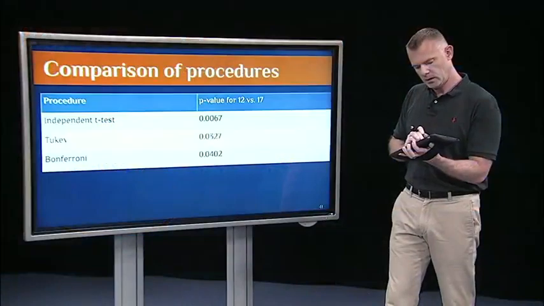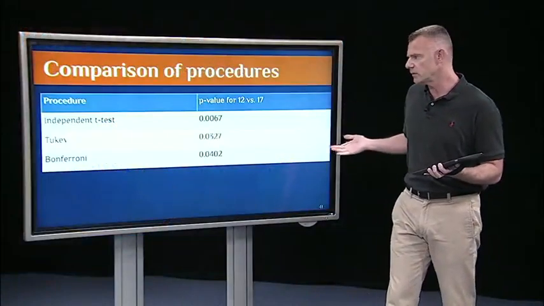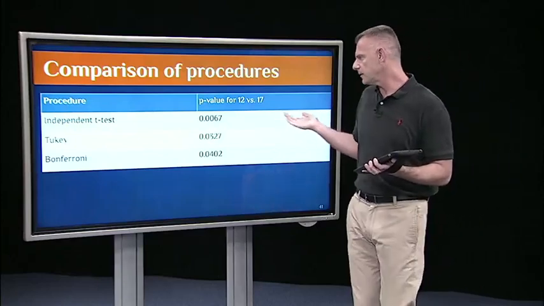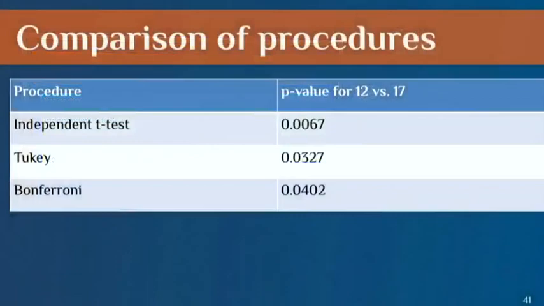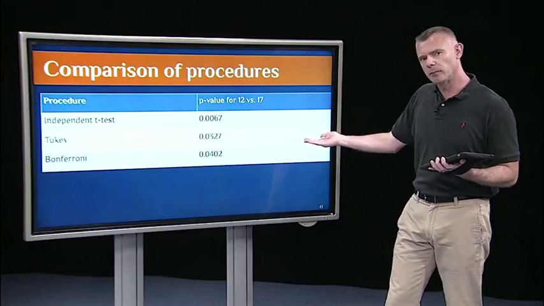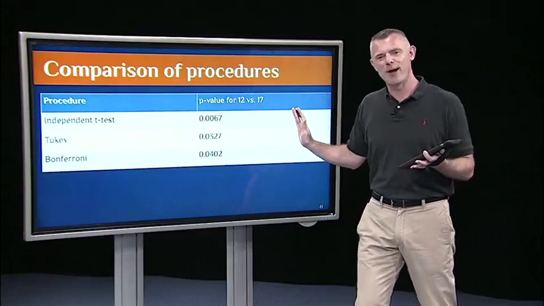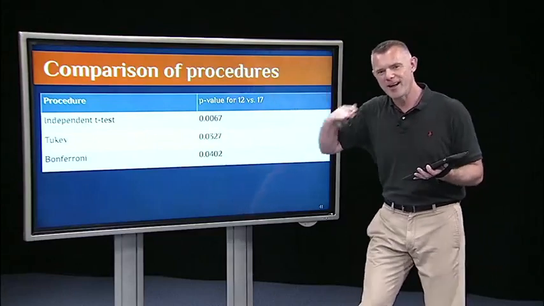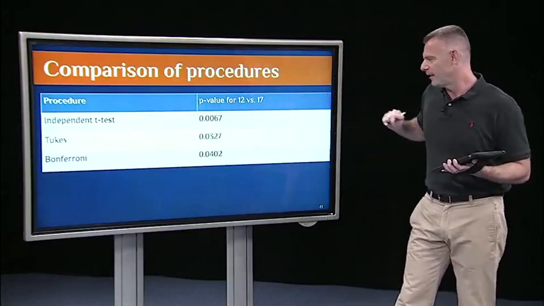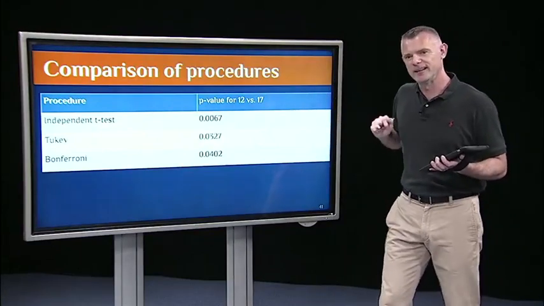So now let's just compare those procedures. The independent t-test, there's no correction, so that's most liberal, gave me a p-value of 0.0067. So even if I wanted to be really conservative and put my alpha level down at 0.01, this would still be significant because it's less than that. Then you see a big jump, relatively speaking. I know these are small values, but if you're worried about getting under a p of 0.05, then you're starting to get a little worried here, right?